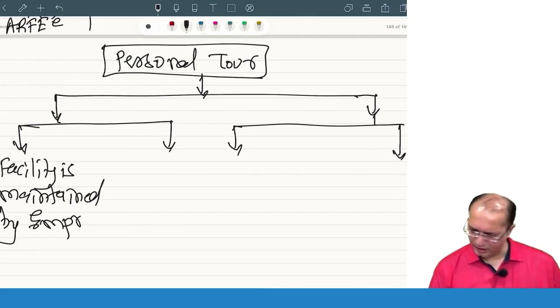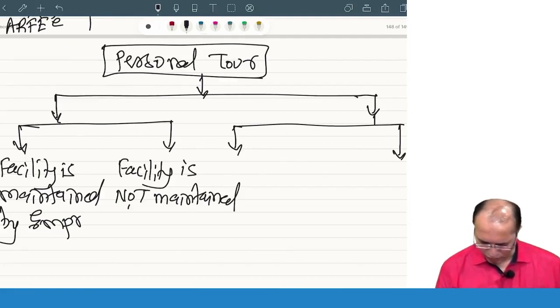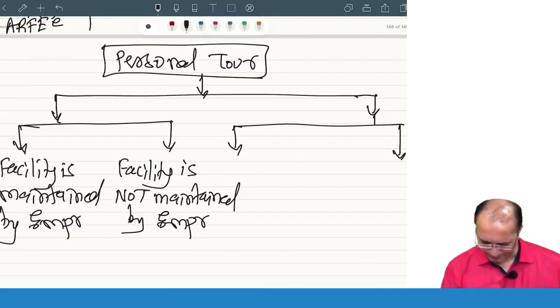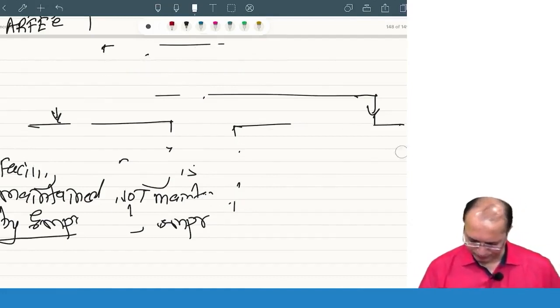And the second possibility is facilities not maintained by employer. In that, facility is given... or let me take some less space so that you can see properly.